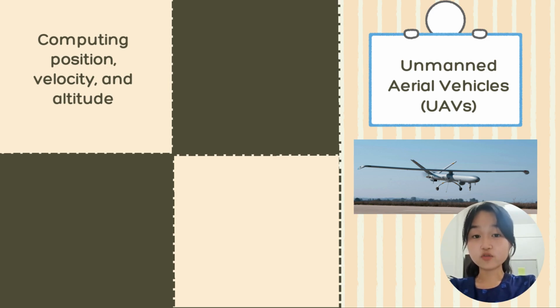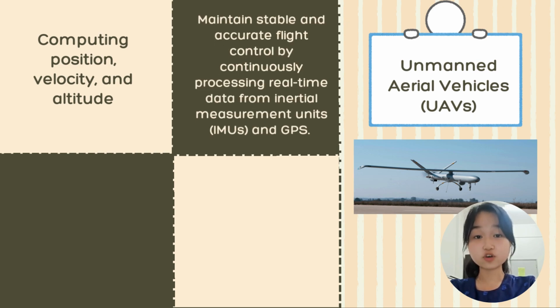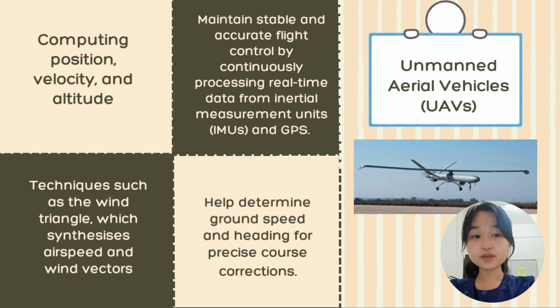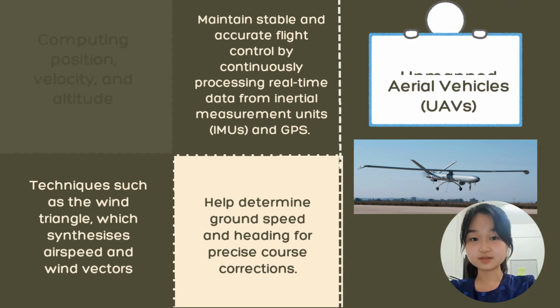UAVs rely on vector-based calculations to maintain stable and accurate flight control by continuously processing real-time data from inertial measurement units (IMUs) and GPS. Techniques such as the wind triangle, which synthesizes airspeed and wind vectors, help determine ground speed and heading for precise course corrections.